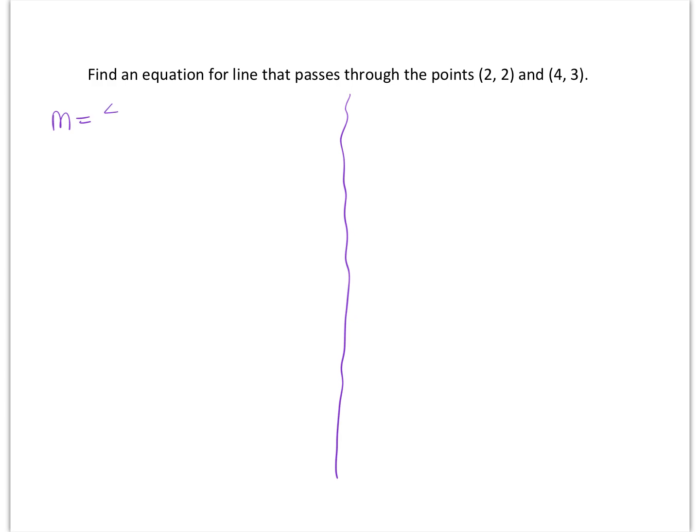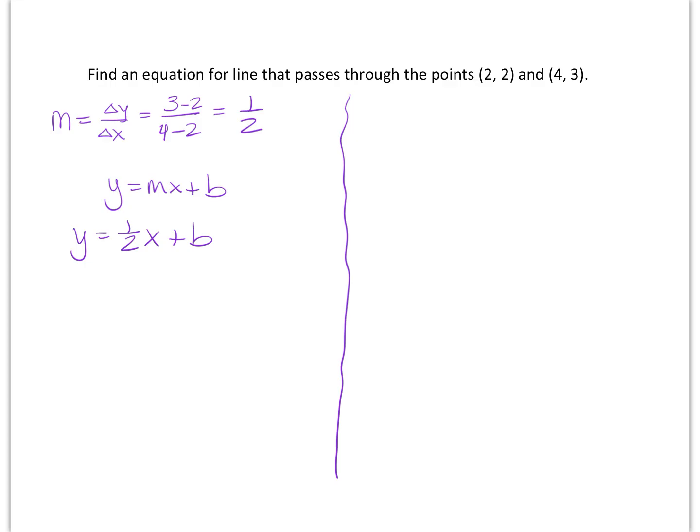That's the change in y over the change in x, which is 3 minus 2 over 4 minus 2, which is a half. Then I'm going to use y equals mx plus b as the format of my line. I have y equals 1/2 x plus b, because I now know the slope is a half, I put that in for m.